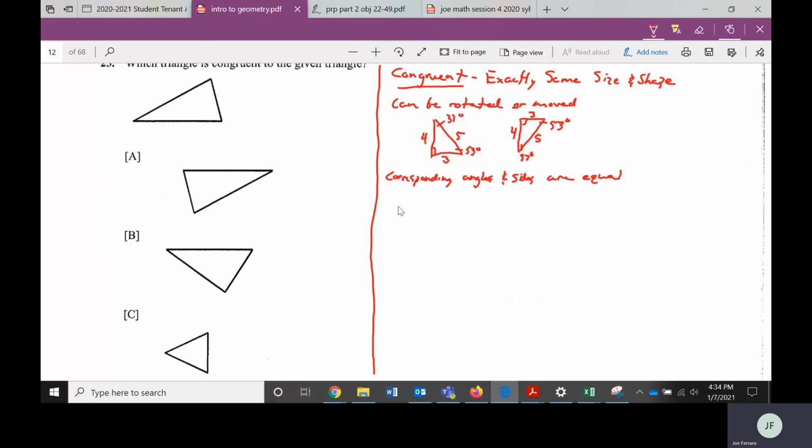Okay, similar. It's kind of how it sounds, but it's a little more exact than what it just sounds. Instead of just saying it looks similar, the general definition should be the same shape, but different size.